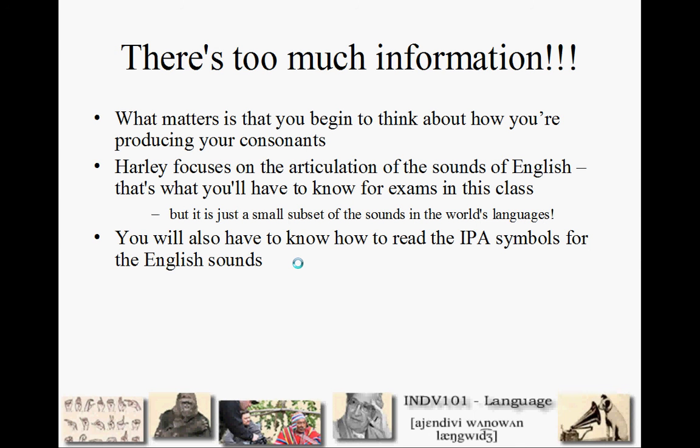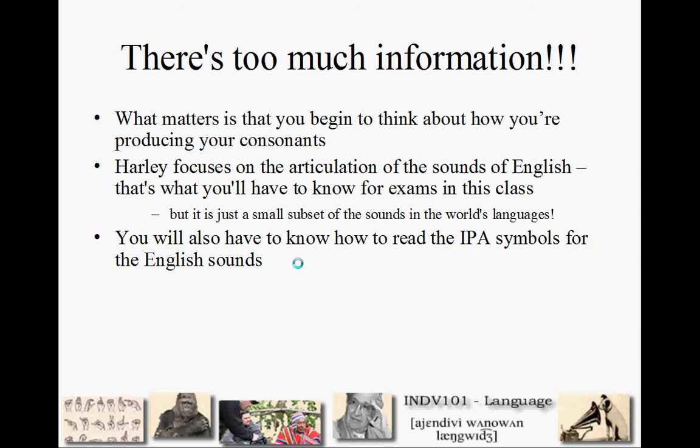Try reading the different sounds in the IPA chart, especially as you read through the Harley article and she's talking about them in more detail. And feel what your mouth is doing. Feel what your tongue is doing. Feel what your lips are doing. Feel your throat and see if it's vibrating. You can try holding onto your nose and see if that's vibrating. That will tell you whether the air is coming out through the nose or just through the mouth.